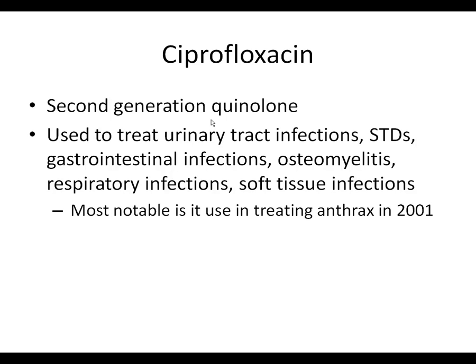It was just shortly after that, though, that the CDC actually changed their recommendation from ciprofloxacin to doxycycline, because the tetracycline drug, doxycycline, is much broader spectrum, and they also wanted to try and limit the potential for ciprofloxacin resistant bacteria.